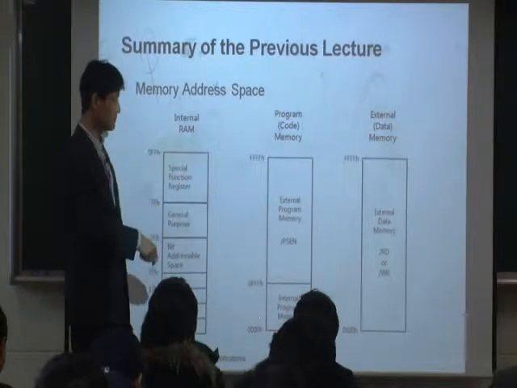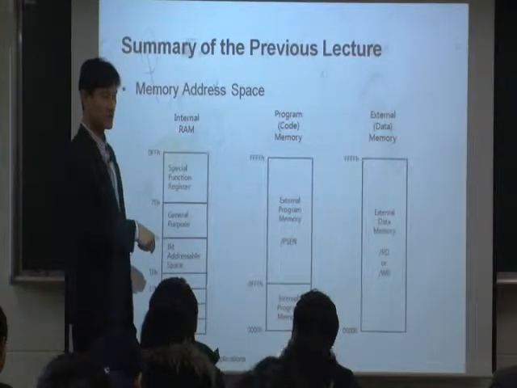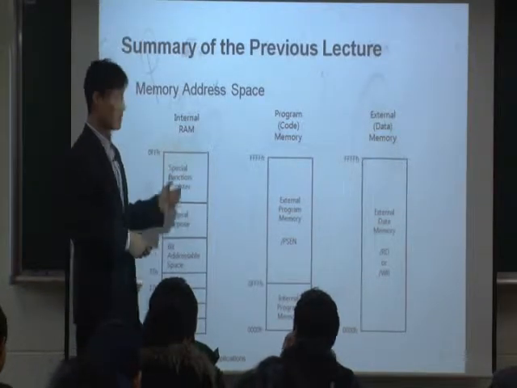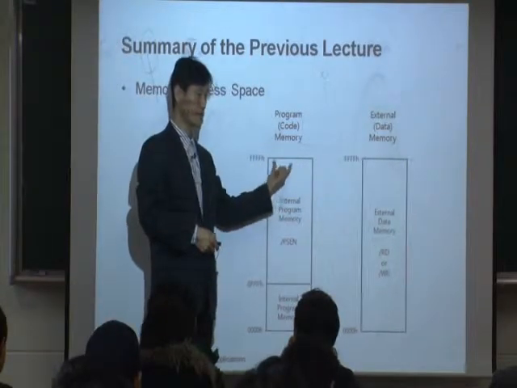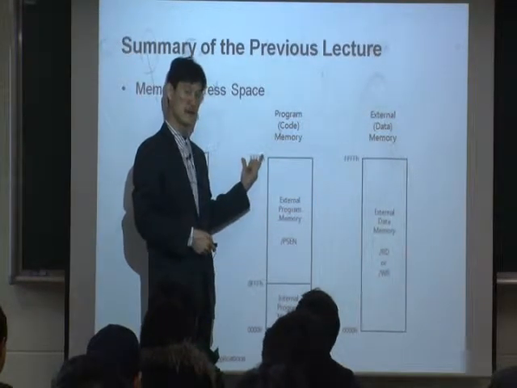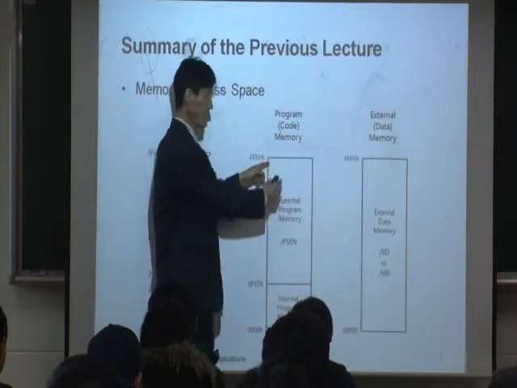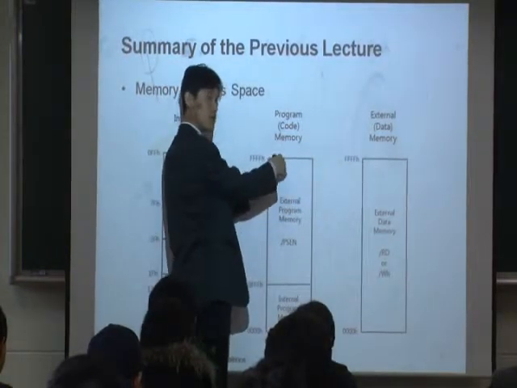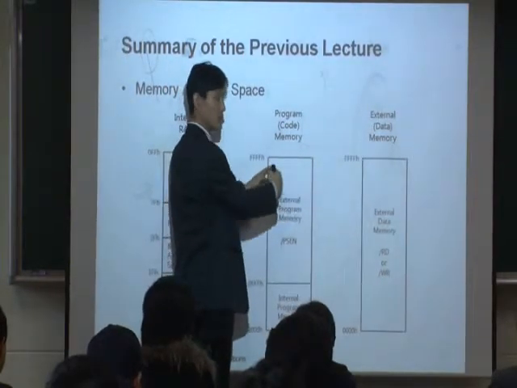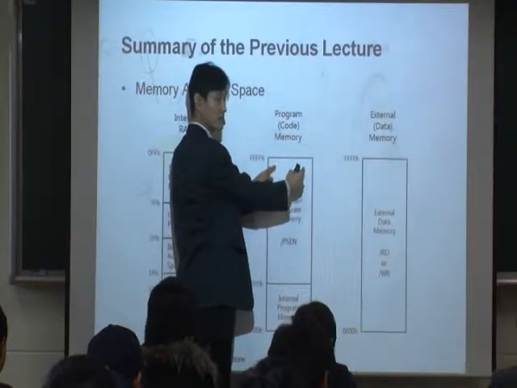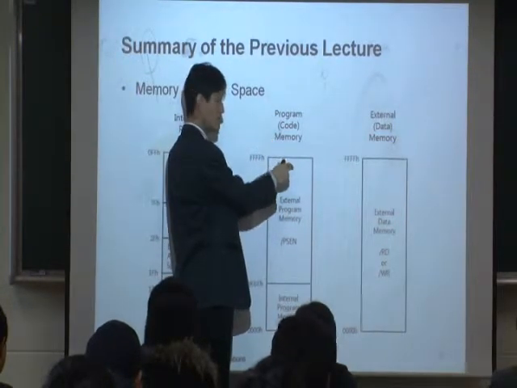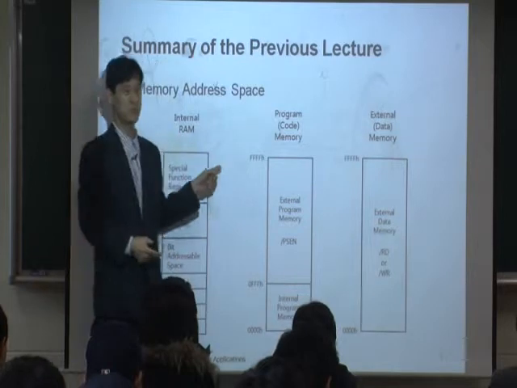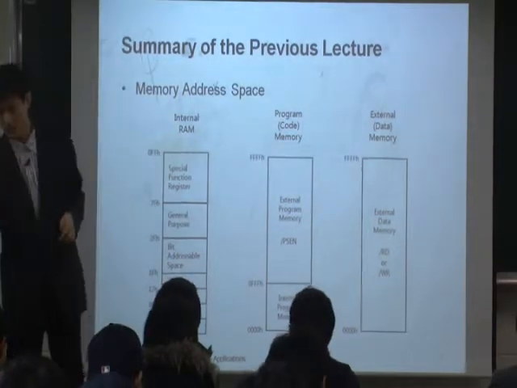Okay, we have 16 bits of address. So data is 8-bit, but address is 16-bit. Actual data goes inside the memory. Actual data is 8-bit because this is a byte, but for the address we have 16 bits.